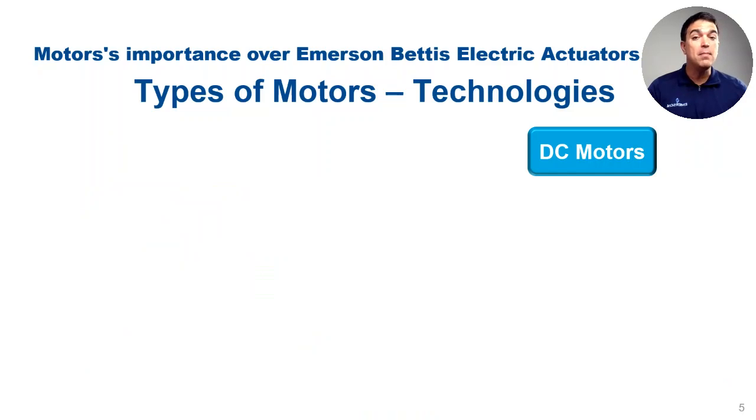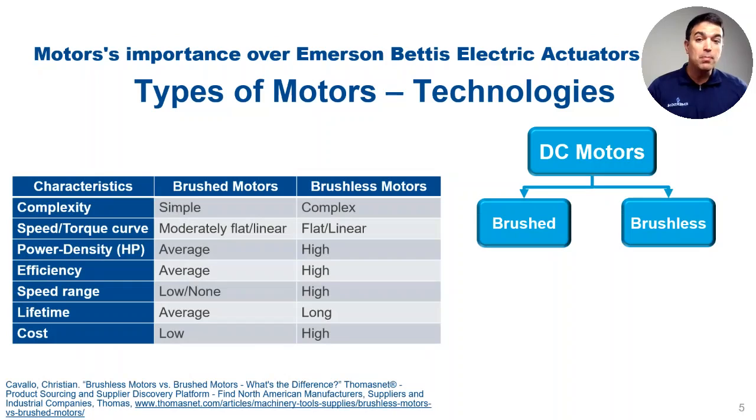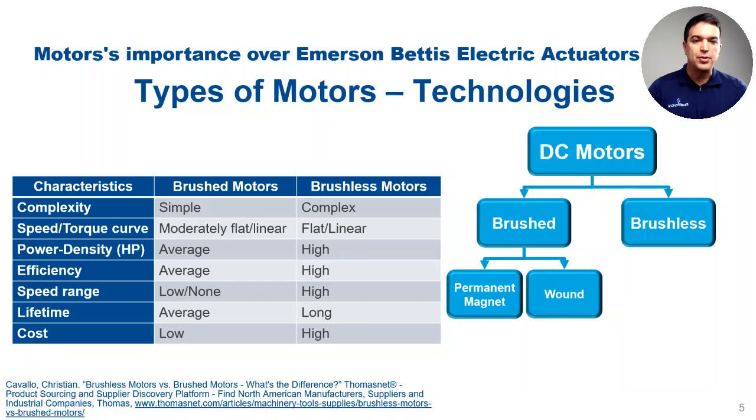Talking about DC motors, you have two types, brush and brushless DC motors. Brush motors are more traditional and their control system is relatively simple. There are two types of brush DC motors, permanent magnet and wound. Permanent magnet motors have a permanent magnet and excellent starting torque with good speed regulation, but they have low horsepower capability.